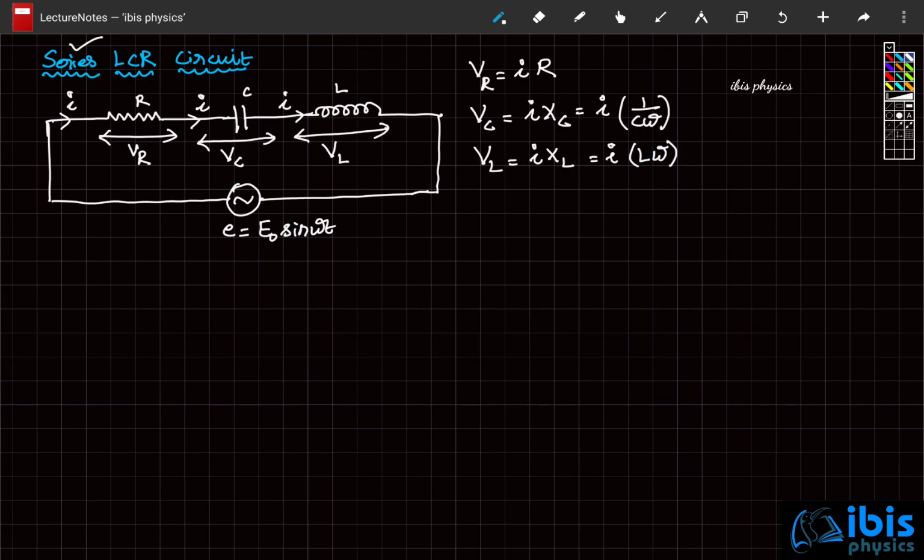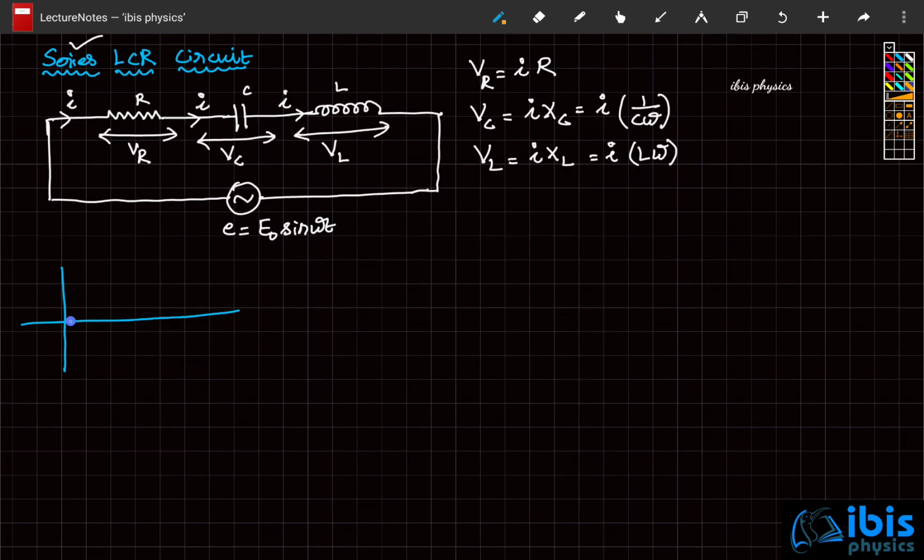And see here, if you draw this diagram, we have this phasor diagram. Suppose on the axis, let me write the applied EMF, and this is the EMF across the resistor.